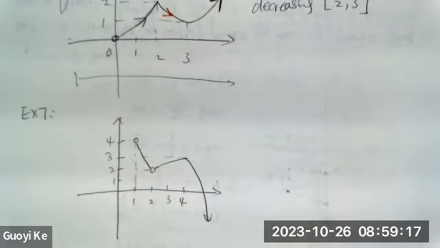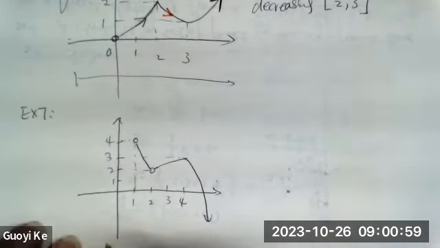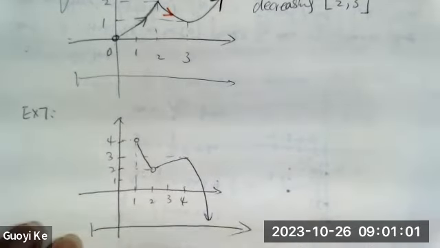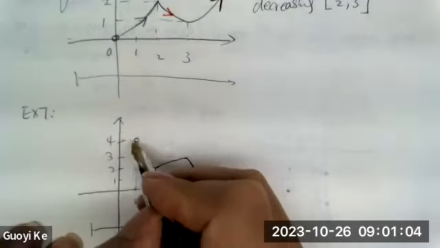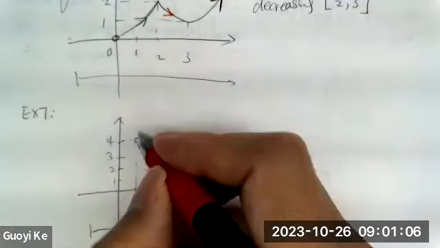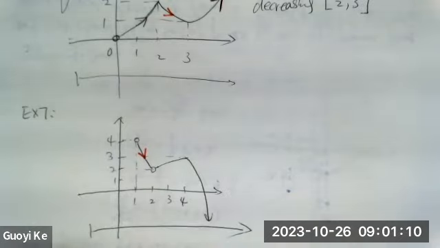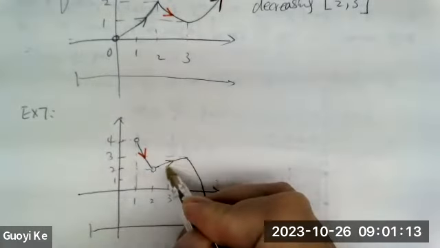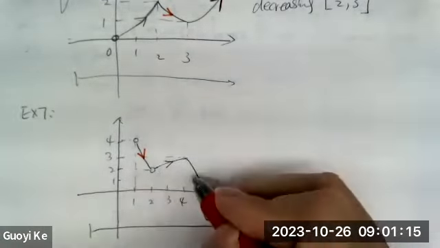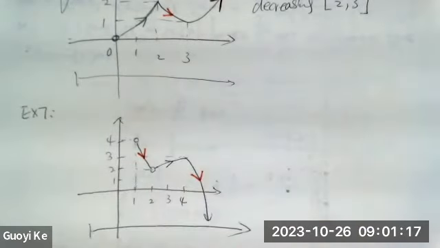We have 2 open circles. From left to right, draw the up arrow or down arrow or horizontal arrow. Let me write down the answer on the board. From left to right, we should draw the down arrow, and this guy should be an up arrow, and this guy should be a down arrow.